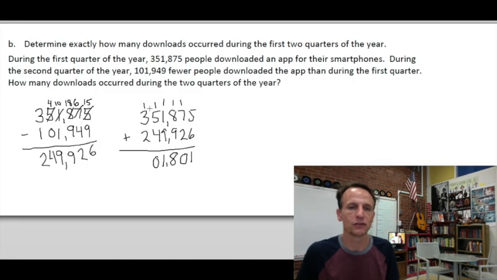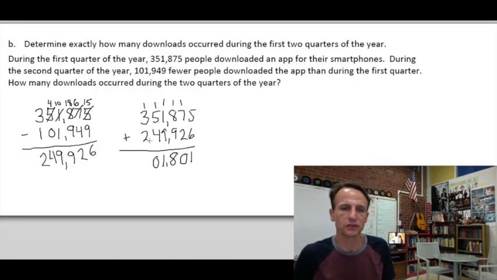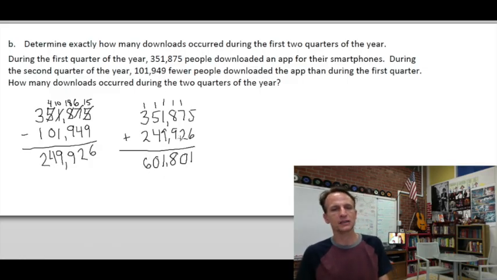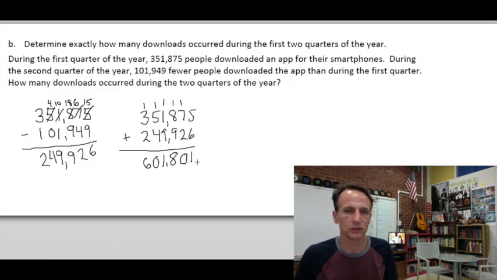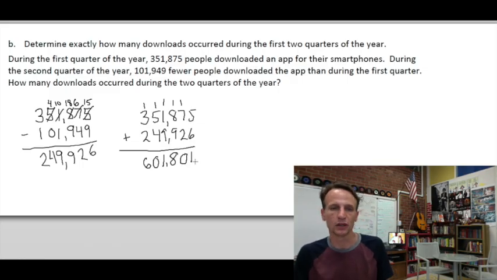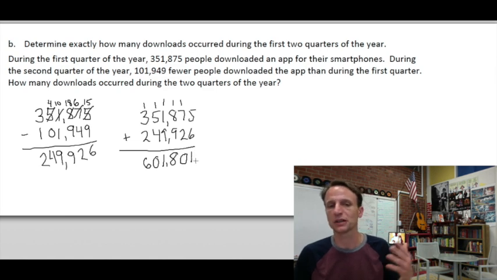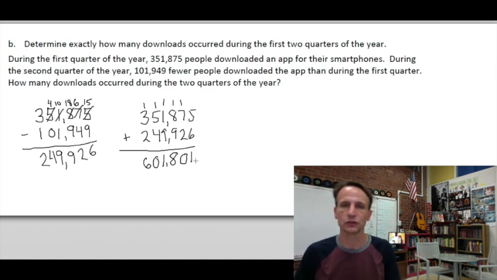And now we have 1 plus 3 plus 2 is, yes, 6. So the actual number of downloads during the first 2 quarters of the year is 601,801 altogether.